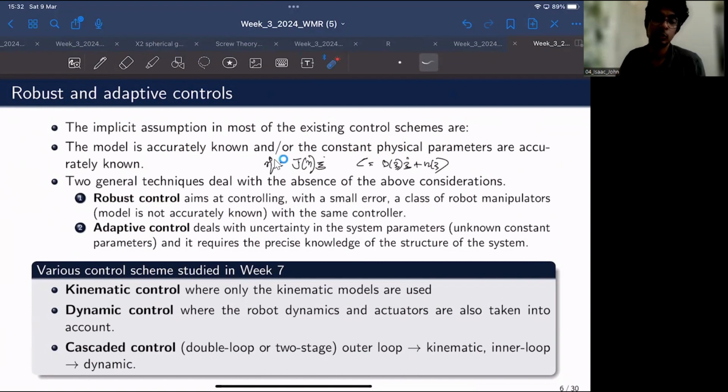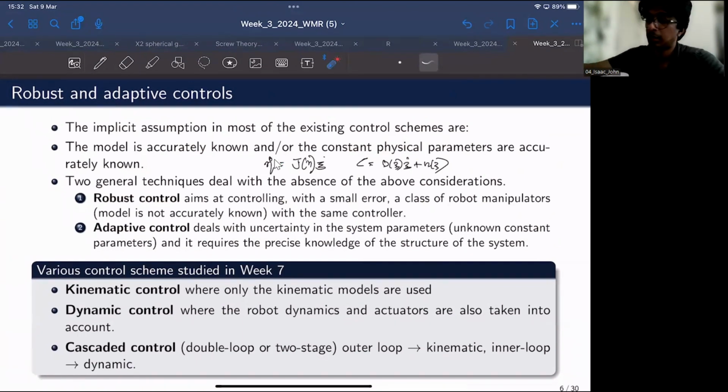In the earlier case the parameters were given to us, but in an adaptive controller we consider these constant parameters to be unknown or highly dynamic. In either case, adaptive control is able to estimate these unknown constant parameters as the system navigates.